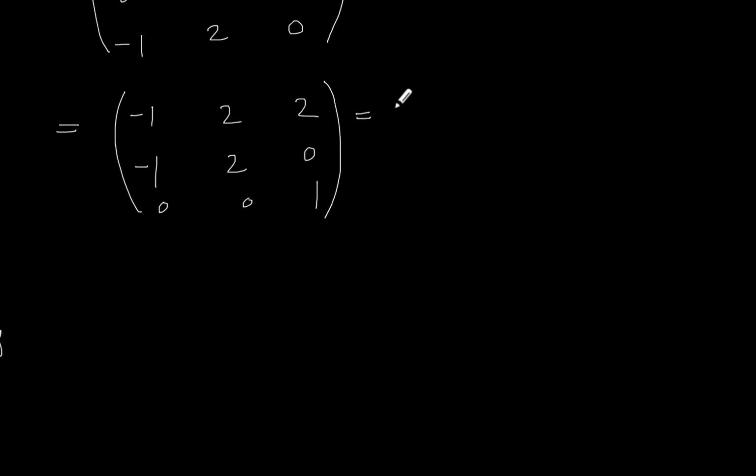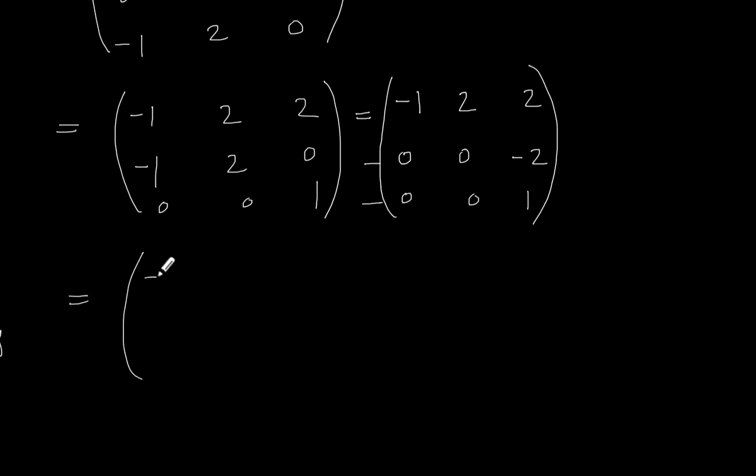Using row operations on this matrix, basically we are reducing it to row echelon form. Just subtract: minus 1 minus it will be 0, 2 minus 2 will be 0, and 0 minus 2 will be minus 2, 0, 0, 1.